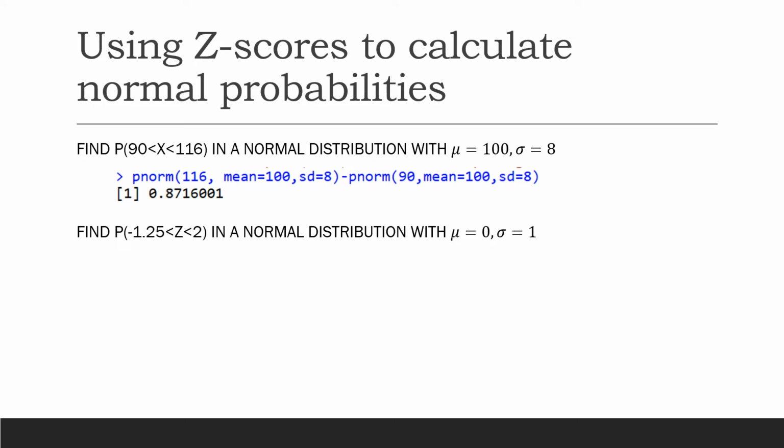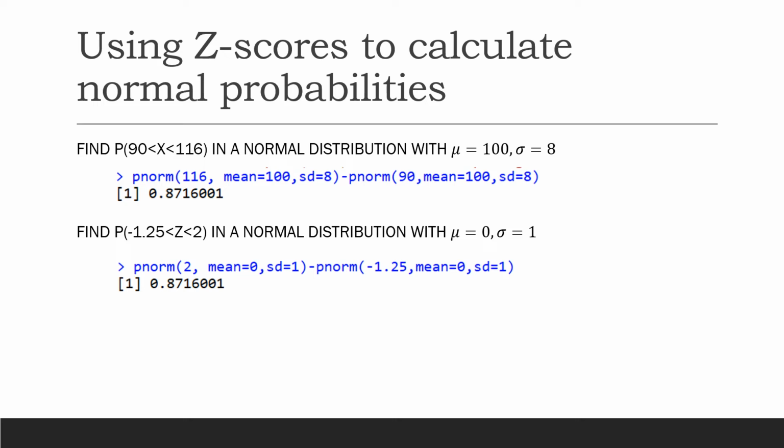So if I find the probability that a normal random variable in a standard normal with mean 0 and standard deviation 1 falls between negative 1.25 and 2, I can do that also with R. Now I'm using the z-scores, 2 and negative 1.25, and I am using the mean and standard deviation, 0 and 1, for the standard normal or z distribution.